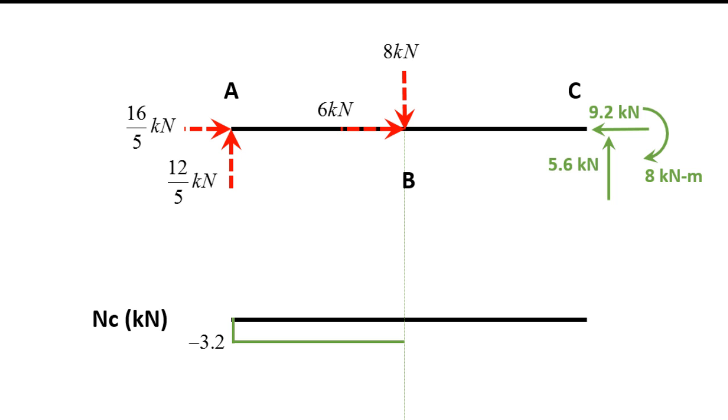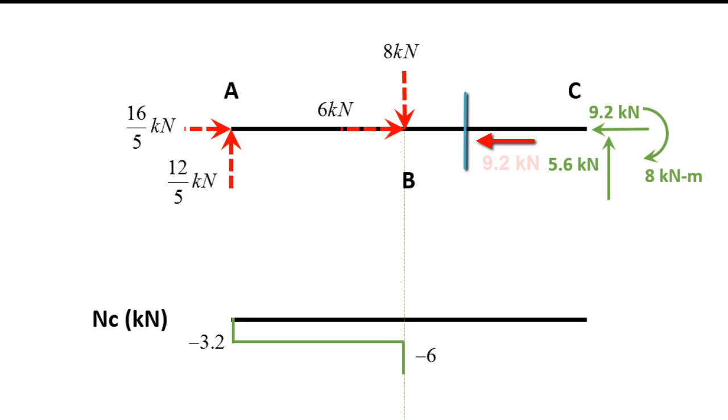At point B, I'll have a jump of -6, because again, if I take a cut between B and C, I need to add a left pointing arrow at the cut to find an equilibrium between the 3.2 and the 6 that's acting to the right.